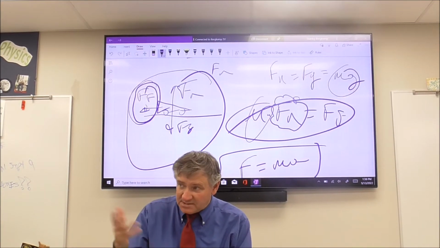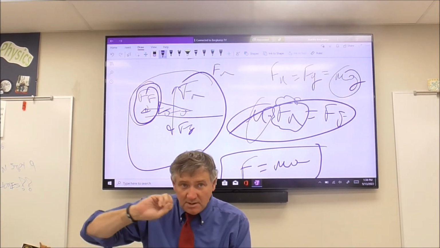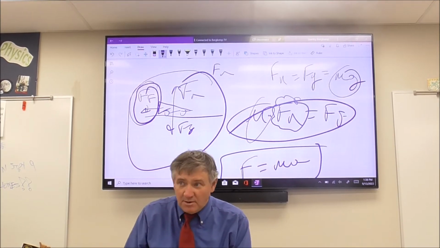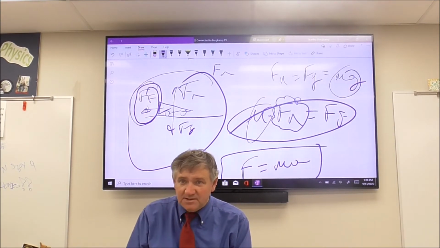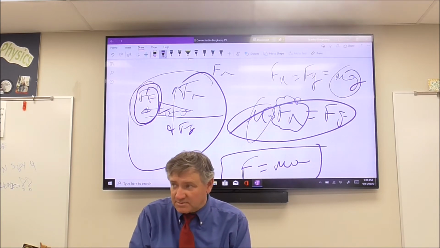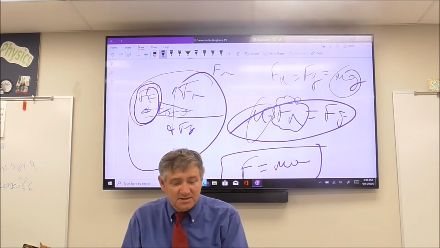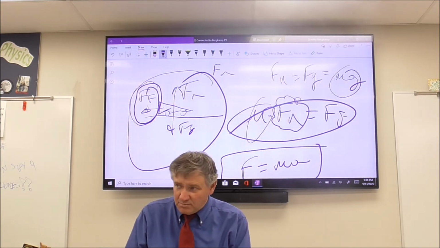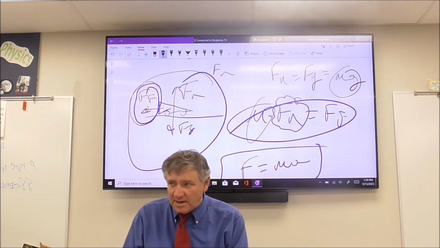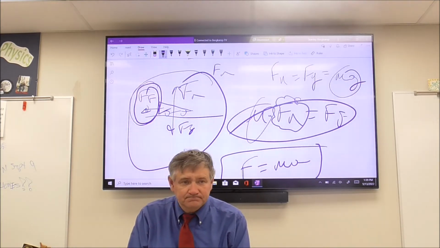Like if you're in deep space, you give something a push, it's just going to maintain that constant velocity because of inertia. But almost every situation that we're going to be in, you have to have an applied force to balance out that frictional force. Because unless I specifically tell you otherwise, you're always going to have 2 mafias to deal with. The frictional mafia and the gravity mafia. Go with that one. Good.